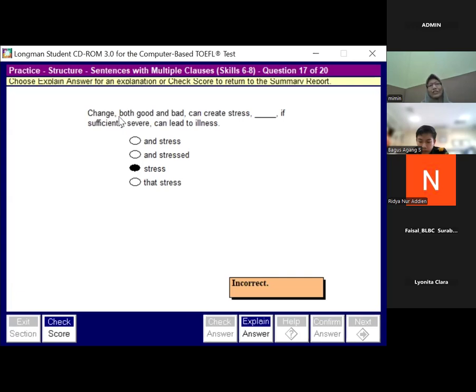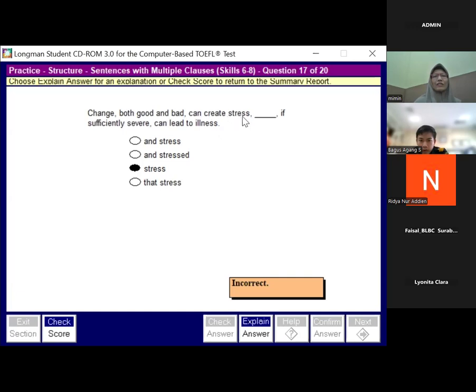Okay, now change. Actually, the two clauses are: change can create stress, can lead to illness. So you have two main clauses.